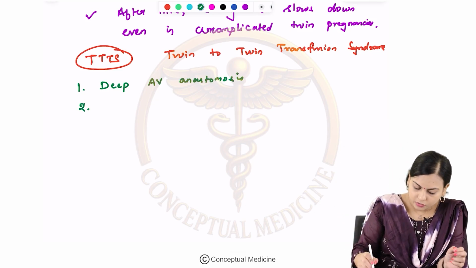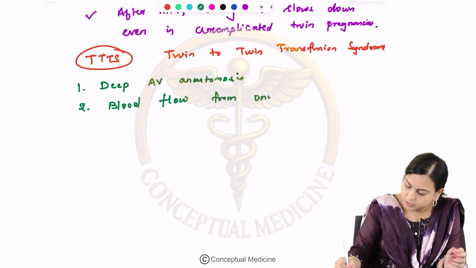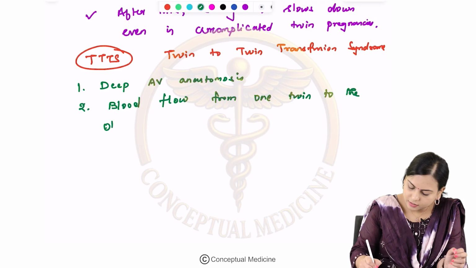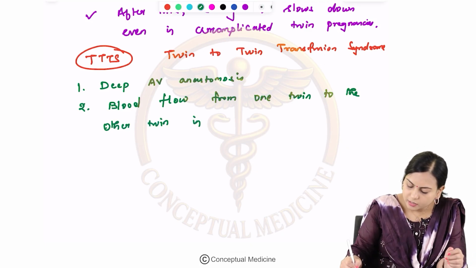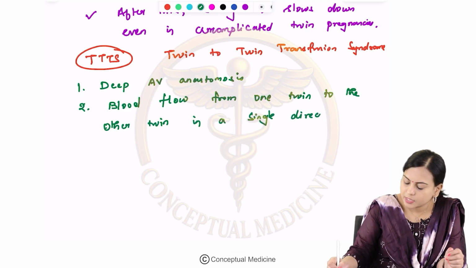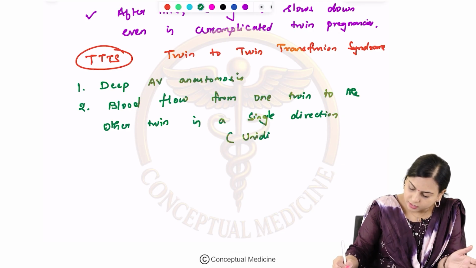So blood flows from one twin to the other twin, or the first twin to the second twin, in a single direction. So that means what? It is a unidirectional flow.